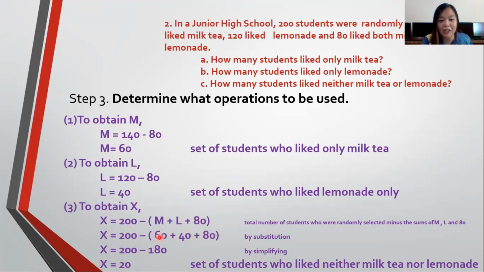Hindi mo ilalagay dito na 140, 120, hindi. Yung only lang. So, 60, 40, 80, you have 180 to be exact. So, 200 minus 180, that's 20. So, the set of students who like neither milk tea nor lemonade is 20.